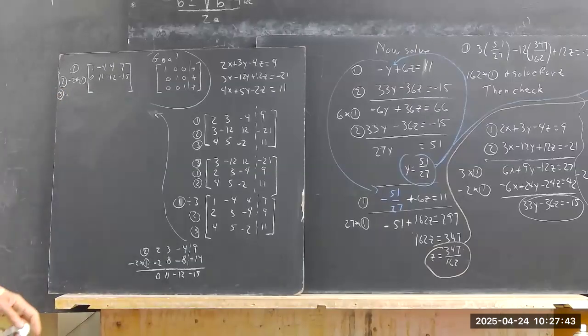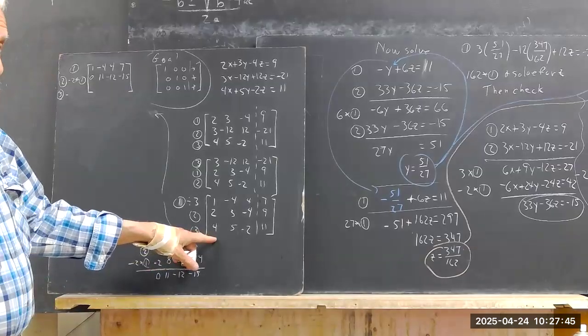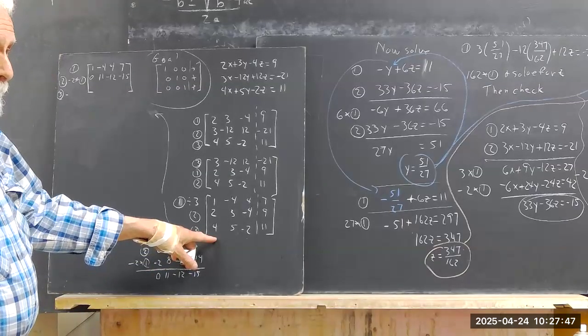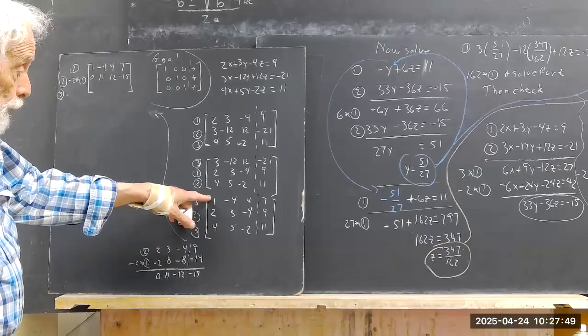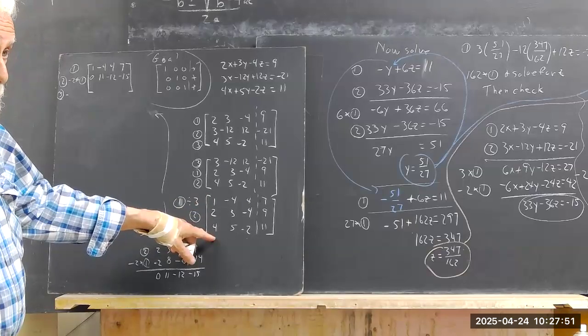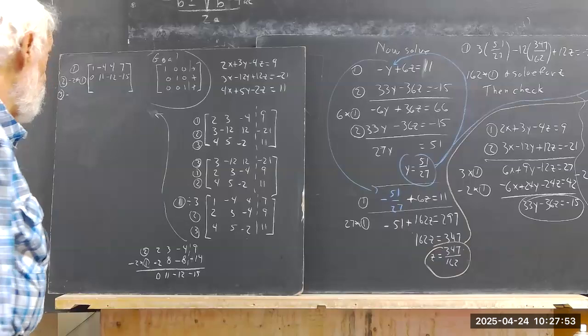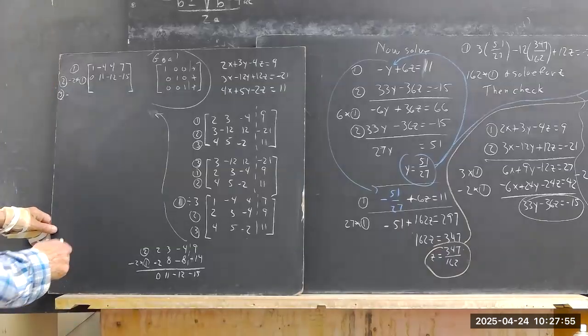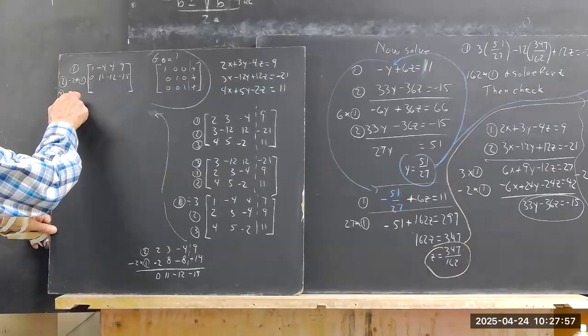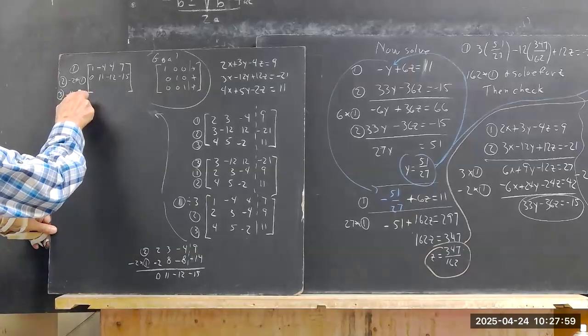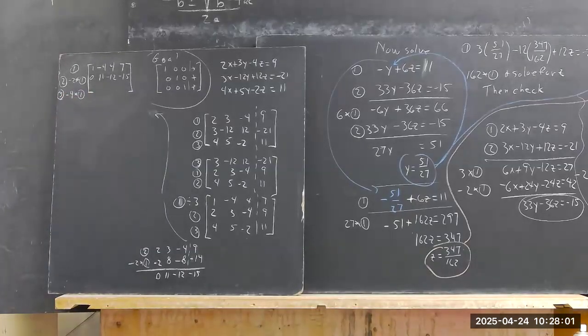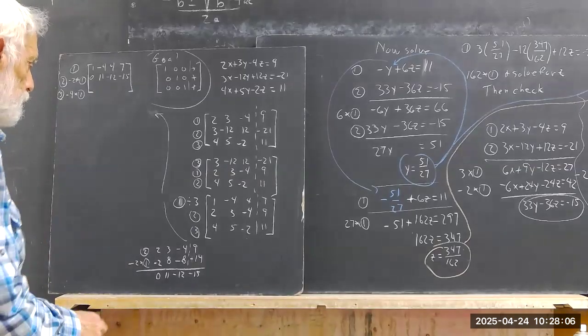Then I do row 3. What am I going to do to get a 0 here? Well, I'm going to multiply the first row by -4 and add to this. That's 3 minus 4 times row 1. Now I can write that out.